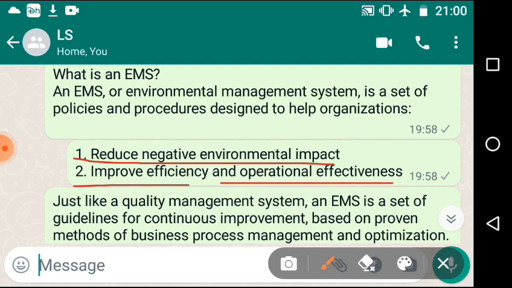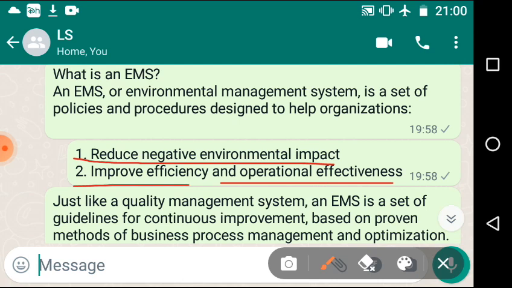An environmental management system is a set of policies and a set of procedures designed to help the organization in many ways. It will help to reduce the negative environmental impact. It will also improve the efficiency and operational effectiveness.